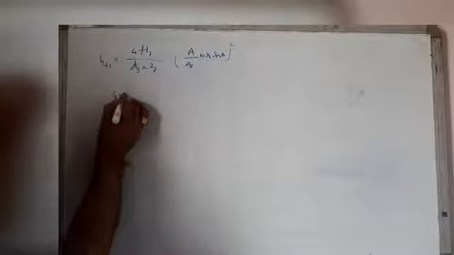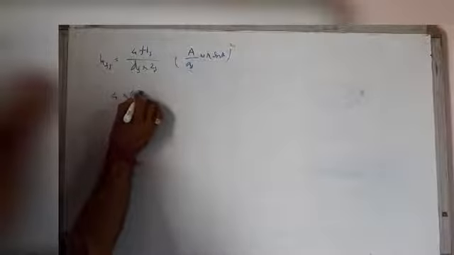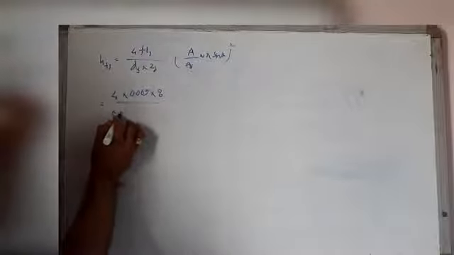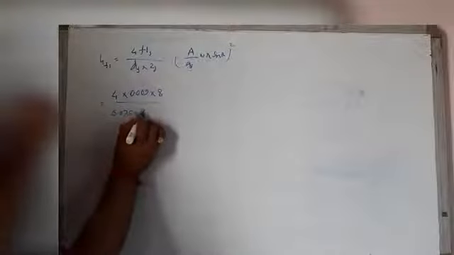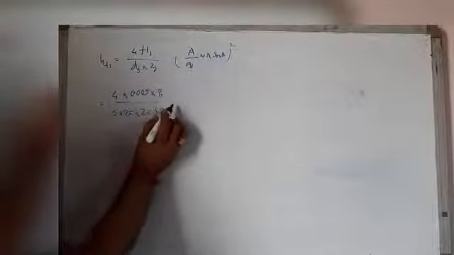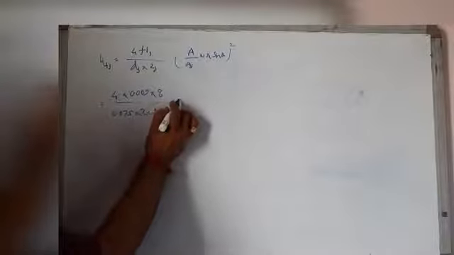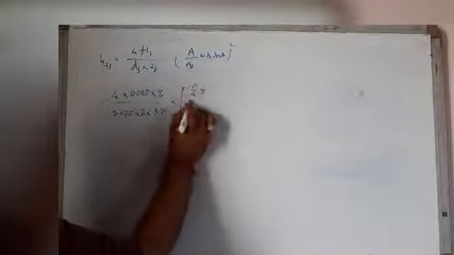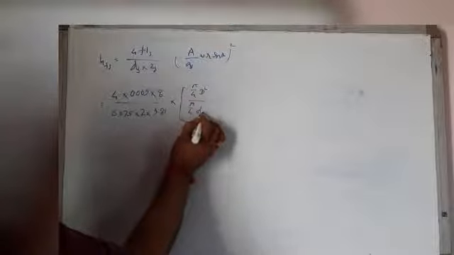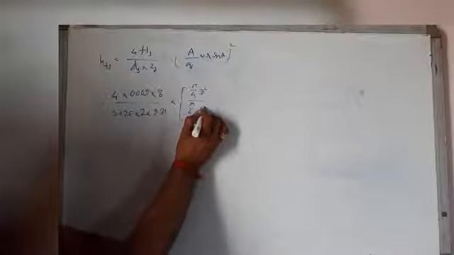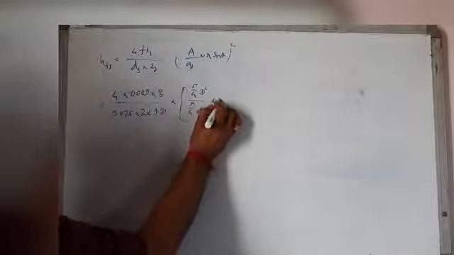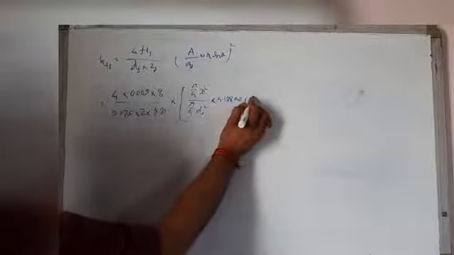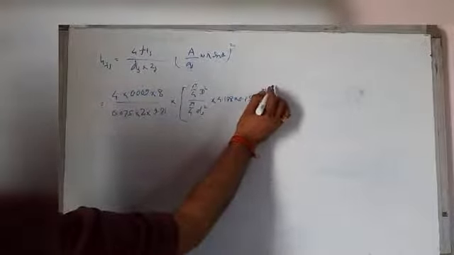Putting the values here, 4 into 0.009 into 8 by 0.075 into 2 into 9.81 into pi by 4 d square by pi by 4 ds square into omega is 4.188 into 0.1 sin theta, this whole square.